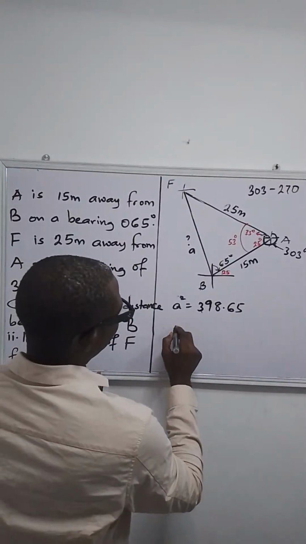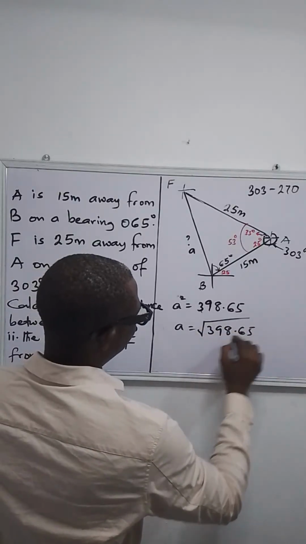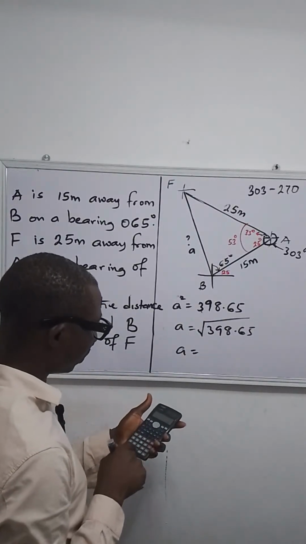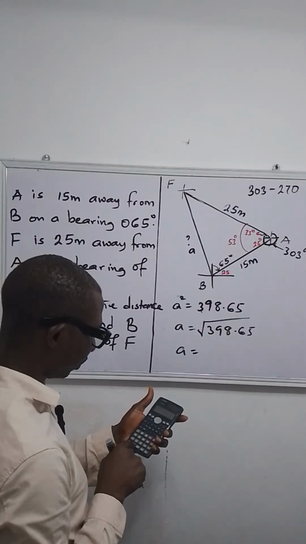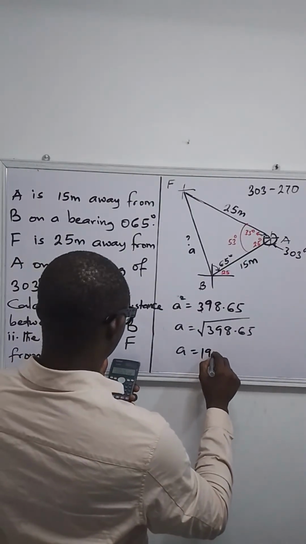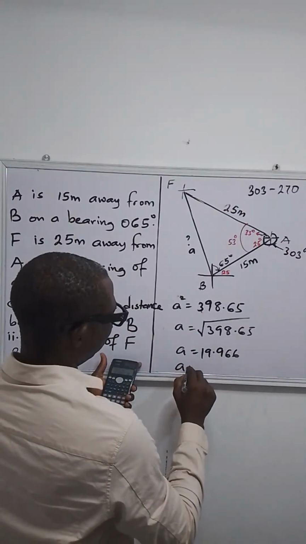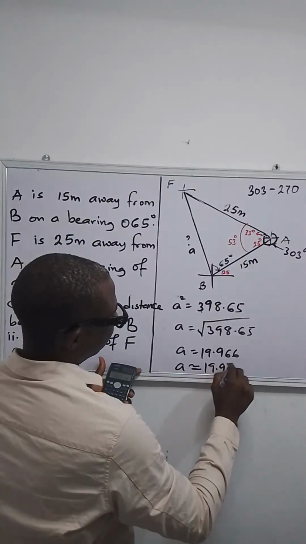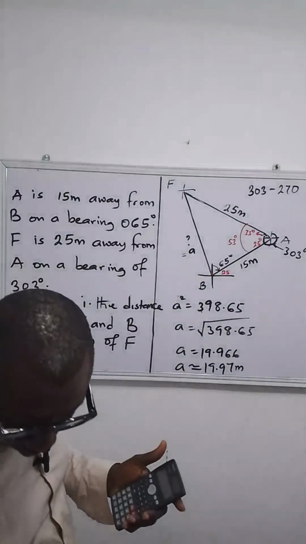So we have A equals the square root of 398.65. So what do we have for A now? The answer is 19.966. So you can correct this to 4 significant figures. So we have 19.97 meters. So A will be 19.97.